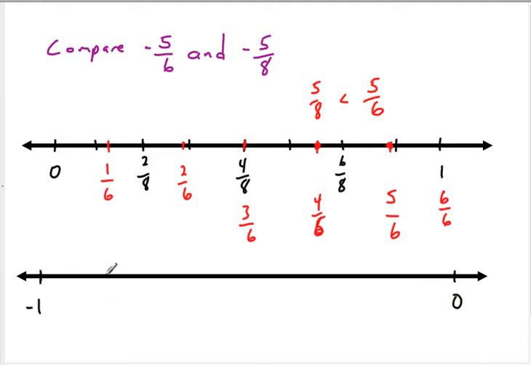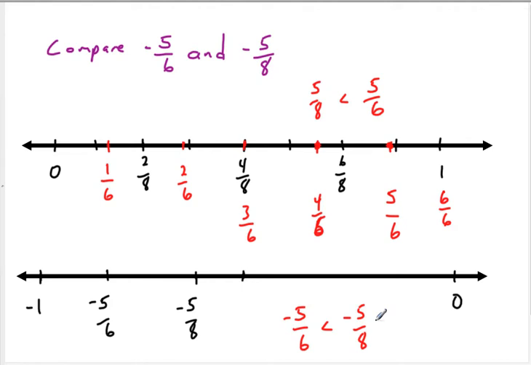So we know that the negative 5/6 is going to be kind of this close to negative 1, as we can see there. And the negative 5/8 is going to be closer to here, negative 5/8. So we can see that our inequality would be negative 5/6 is less than negative 5/8.